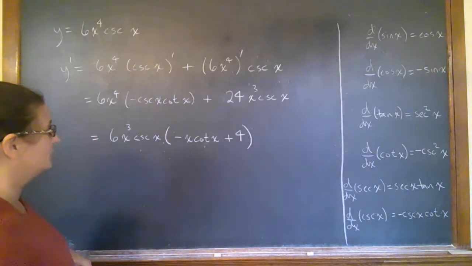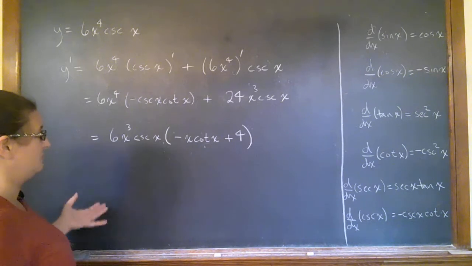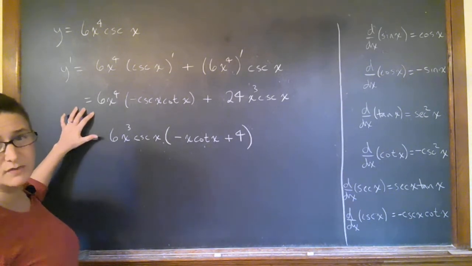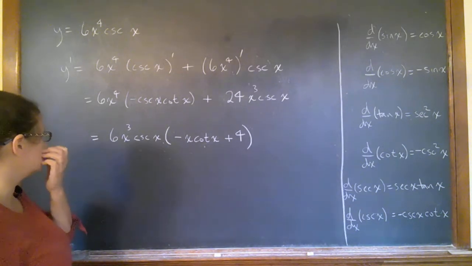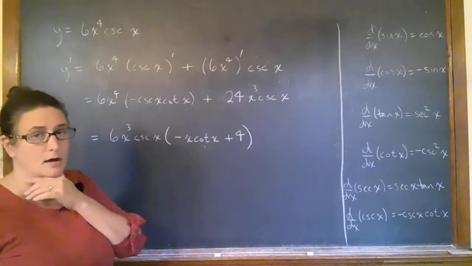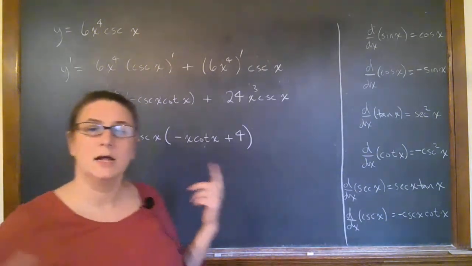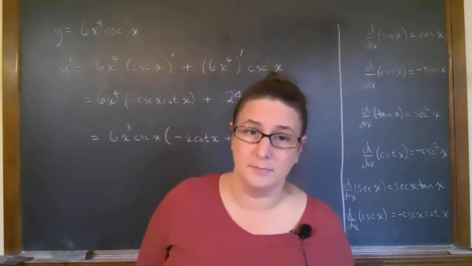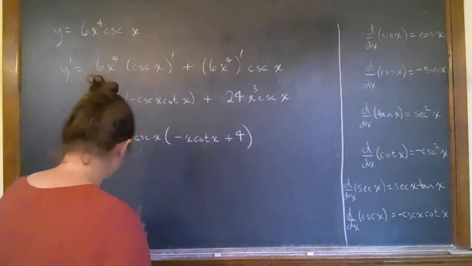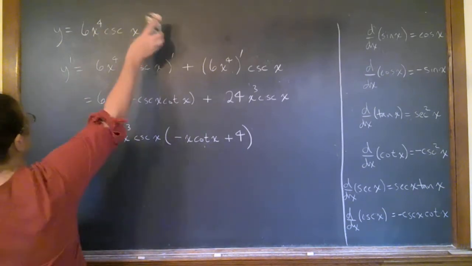There's not a huge reason to do that. You're fine, you can just leave it here. Of course, if I'm putting this expression into WebAssign, this one is maybe a little shorter. It should take either one, by the way. All right, so that's one example.